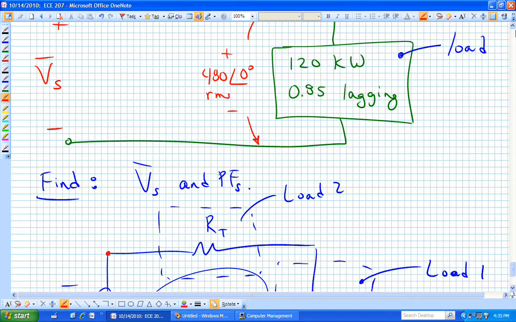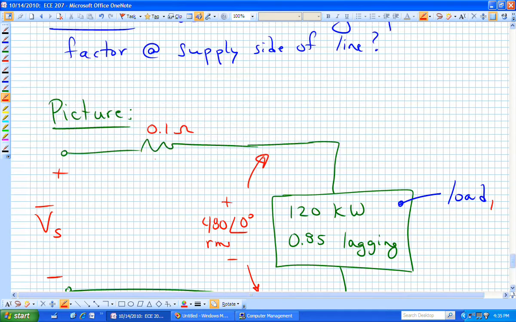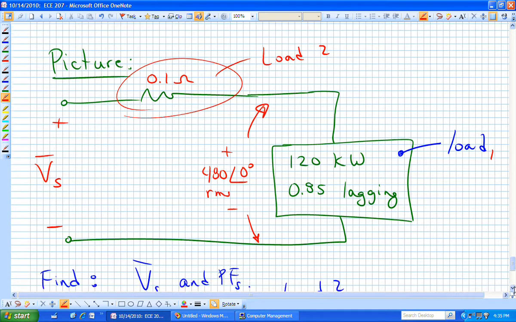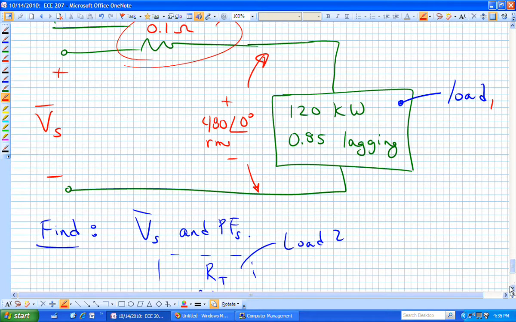in this green box. So if I'm calling that load 1, this is now effectively load 2. That does not have any reactive component. That's all resistive, or that's all real. But in the green box, is there a capacitor? No, essentially what we've done, even if there are more inductors there, is that the net effect is that we're going to just look at that as lumping that into an inductor.